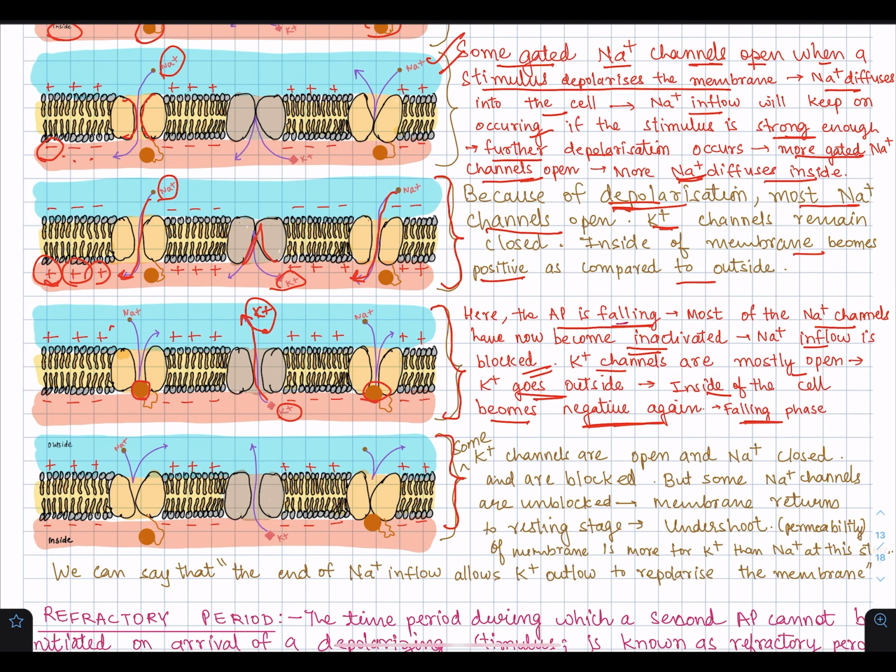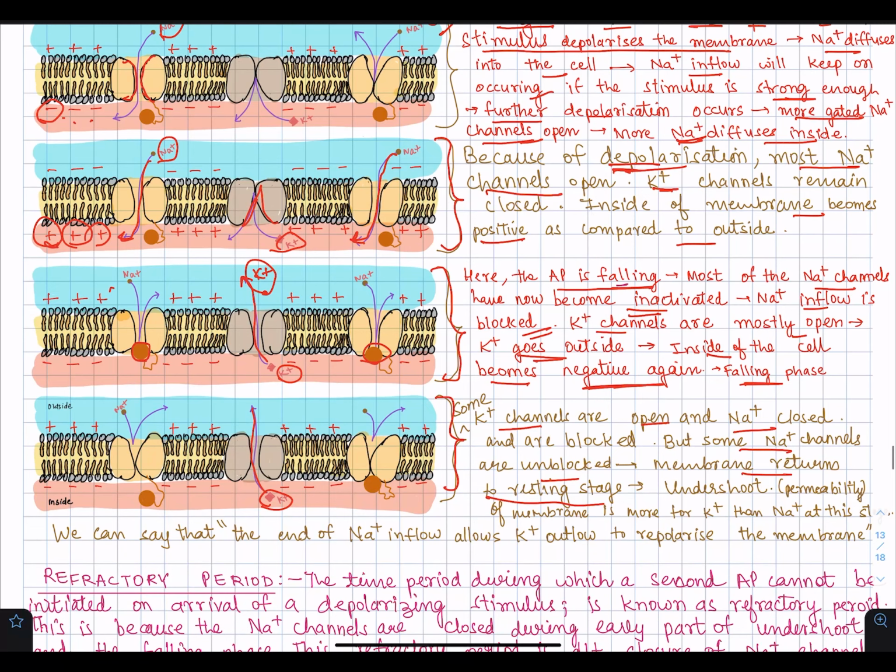Here, some potassium channels are open and sodium closed. Some potassium channels are open, but some sodium channels are unblocked too. Membrane returns to resting stage. This is undershoot because permeability of membrane is more for potassium than sodium.